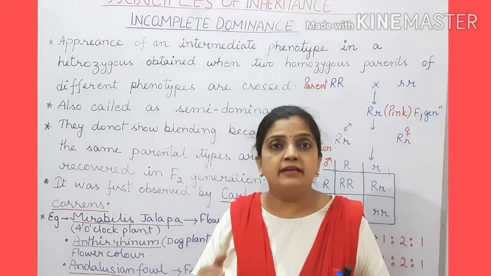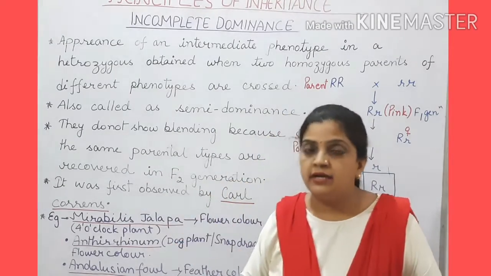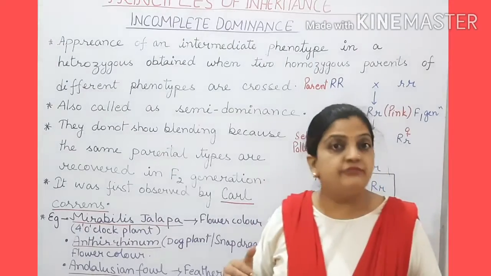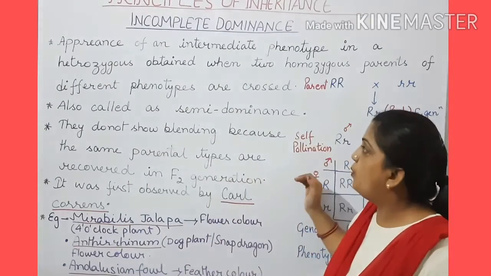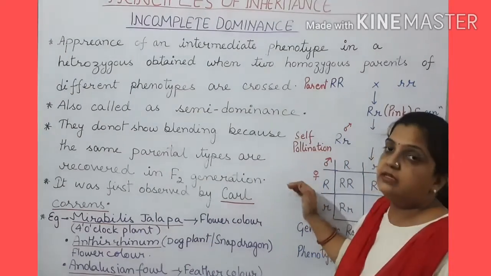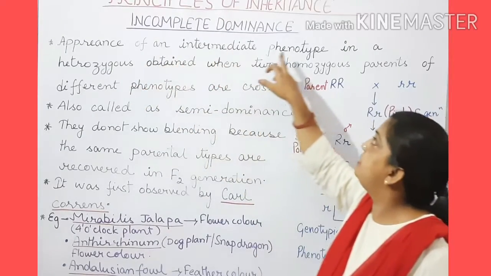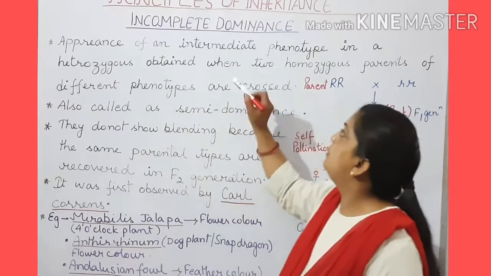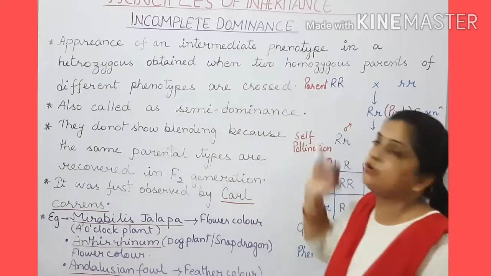It made him think about why such results were obtained, and the theory of incomplete dominance came in front of us as a result of that. So what does this experiment say? It says that an intermediate phenotype appears in the heterozygote when two homozygous parents of different phenotypes are crossed.